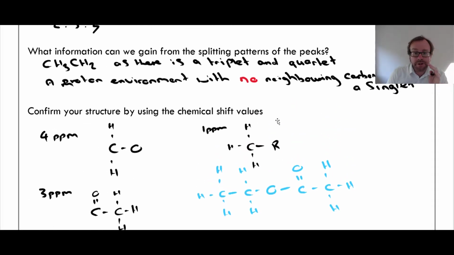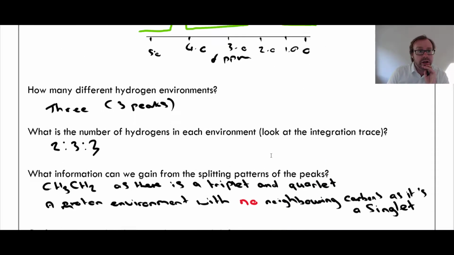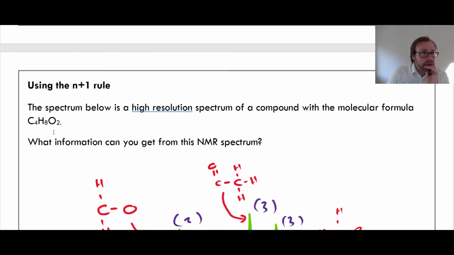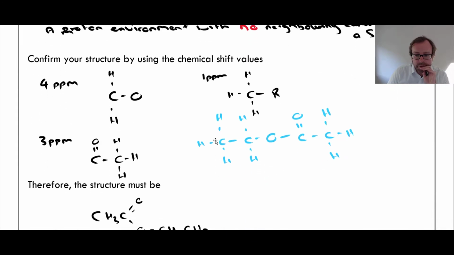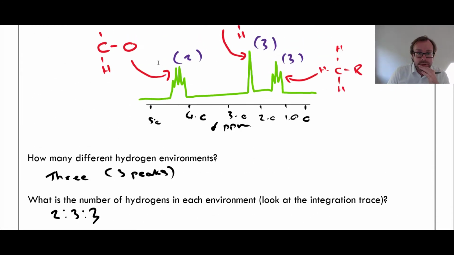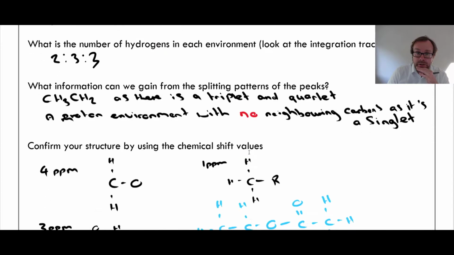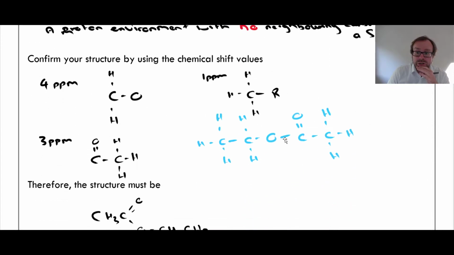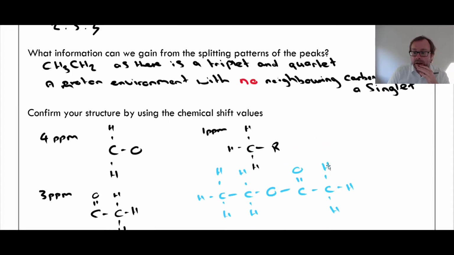Now we can go back and confirm this. So let's see if it works. What information do we have in the question? Well, we know in the question that it's C4H8O2 is the molecular formula. 1, 2, 3, 4. 2 oxygens, 3, 4, 5, 6, 7, 8. So that's correct. We have a CH3 and CH2 next to each other. That explains my triplet and quartet. My chemical shift values are right.